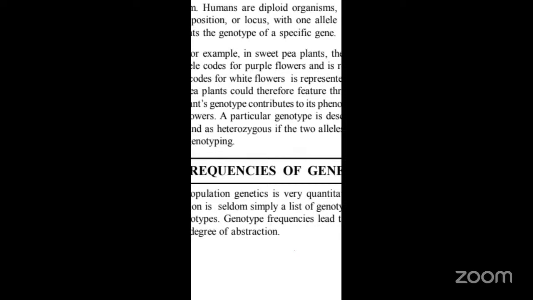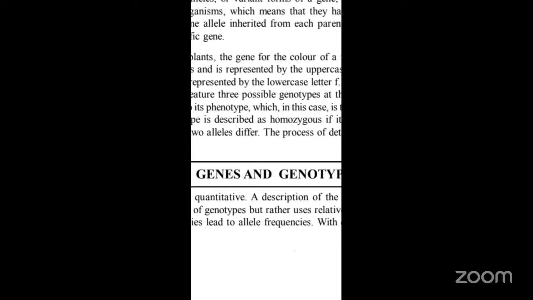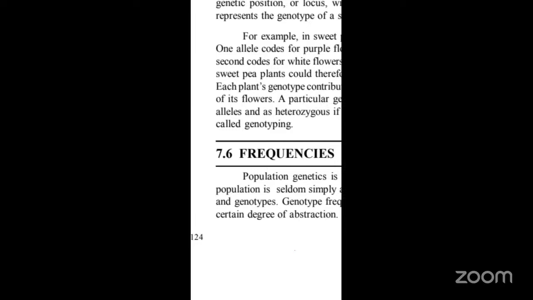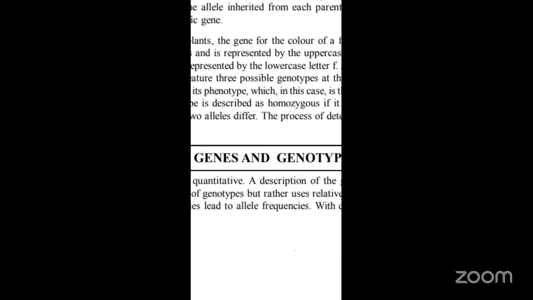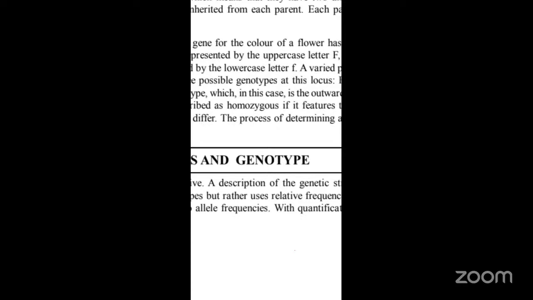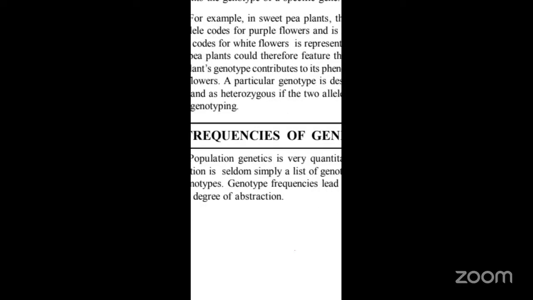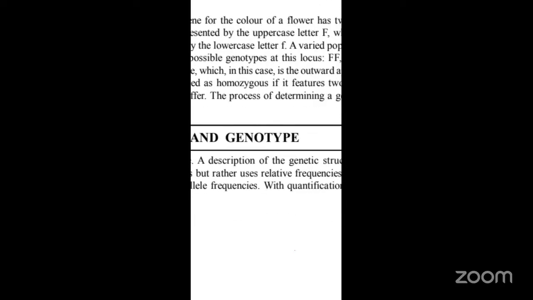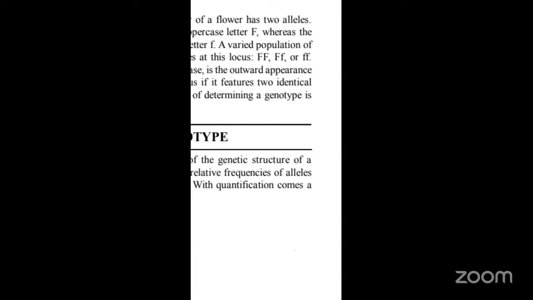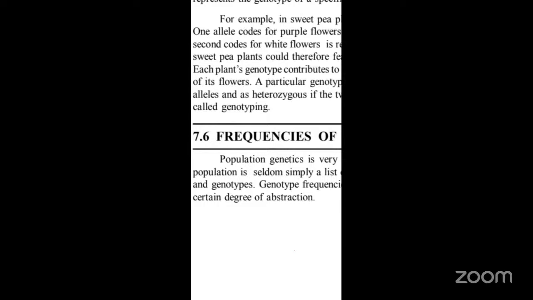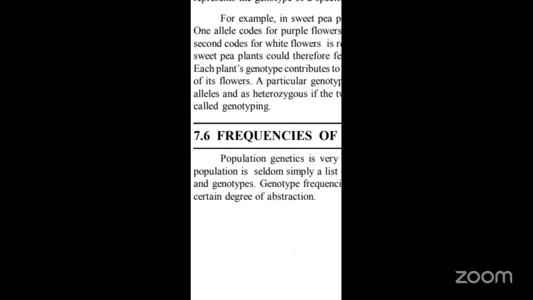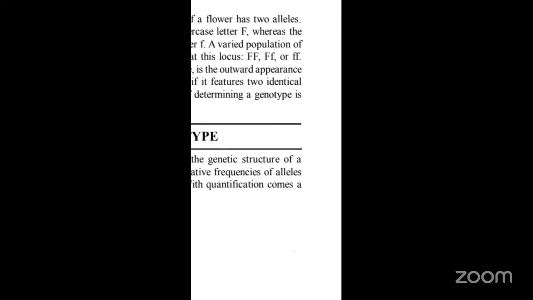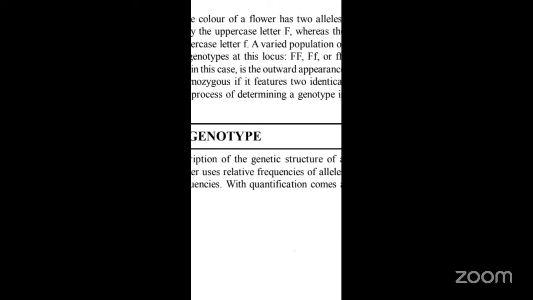Example: in sweet pea plants, the gene for the color of a flower has two alleles. One allele codes for purple flowers and is represented by the uppercase letter F, whereas the second codes for white flowers and is represented by the lowercase letter f. A varied population of sweet pea plants could therefore feature three possible genotypes at this locus: FF, Ff, or ff.